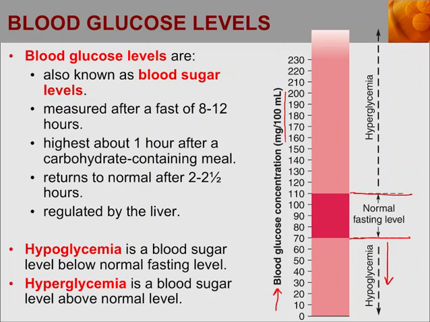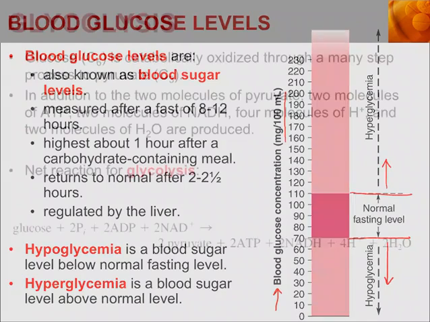If your blood glucose levels are above 110 milligrams, you might have hyperglycemia, which is a blood sugar level that's too high. And these are just ways that doctors can try to rule out different illnesses or diagnoses and kind of narrow down what might be going on if you're going to see them for a particular reason.